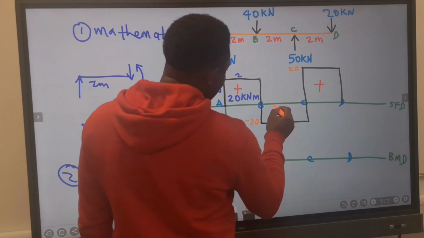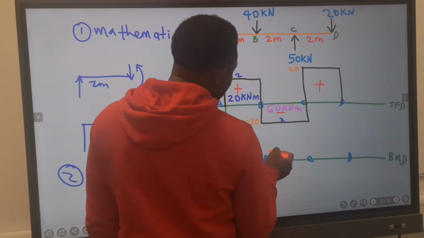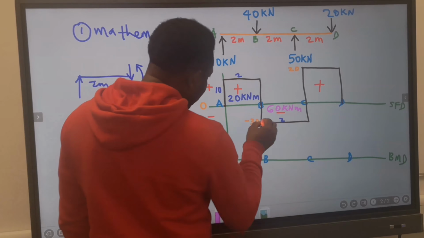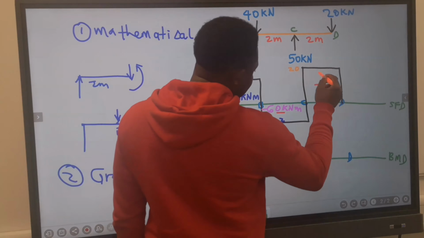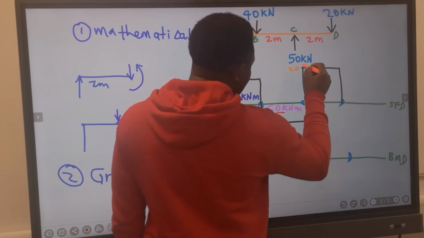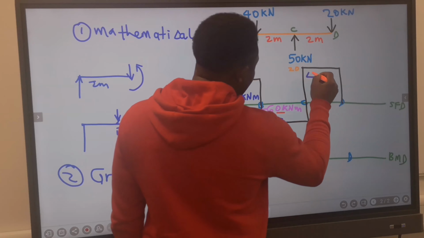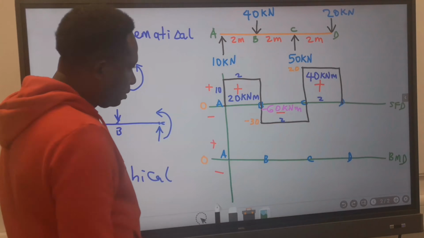Hence, here we're going to have 60 kilonewton meters. However, this is on the negative side, so this will be a minus. For this, the length is 2 meters and this is 20. Here is 40 kilonewton meters.